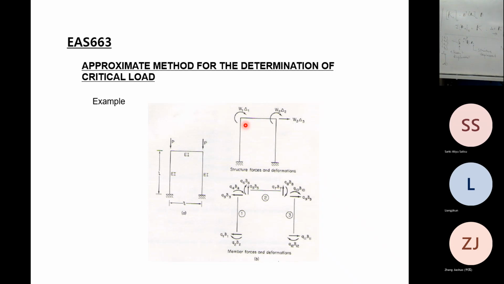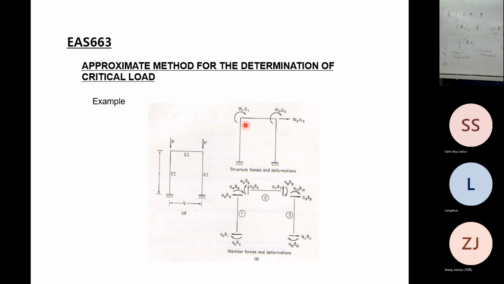So delta 3 here is equal to this delta 3, but the directions are opposite. So delta 3 here is equal to negative delta 3 at the structure level. Delta 4 is the rotation, equal to delta 1.